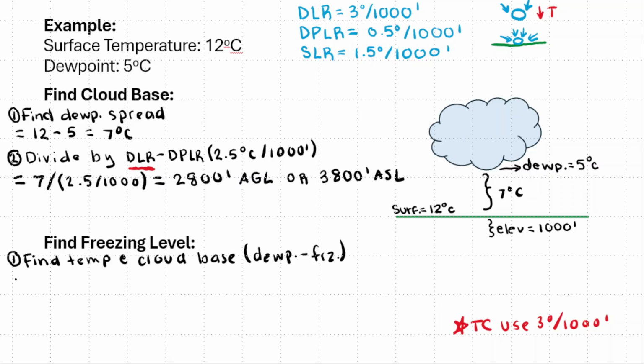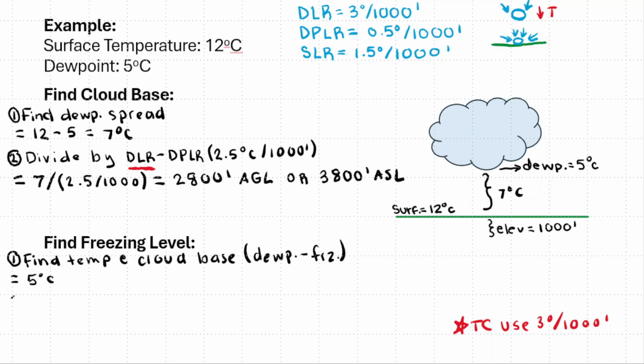So really, this step is probably the easiest one. You're just always going to take your dew point temperature, which is 5 degrees in our case. We know that the dew point temperature is the temperature at which the air becomes saturated and can begin to form this sort of condensation here. So our temperature at the cloud base is 5 degrees, literally written right here, okay?